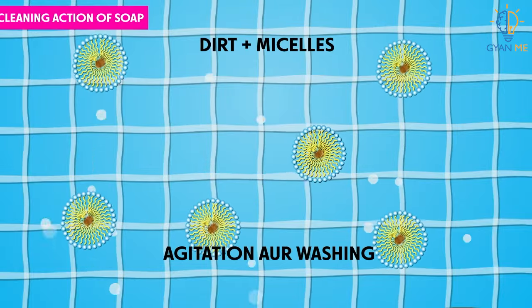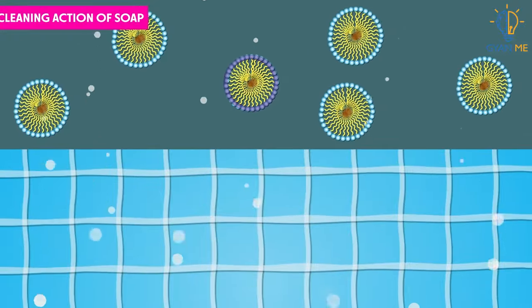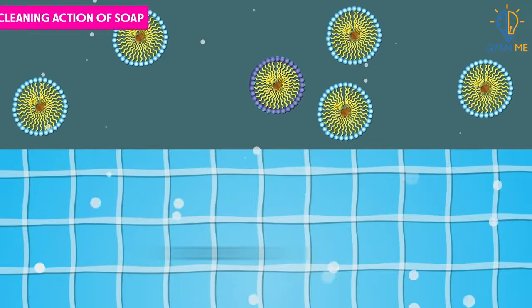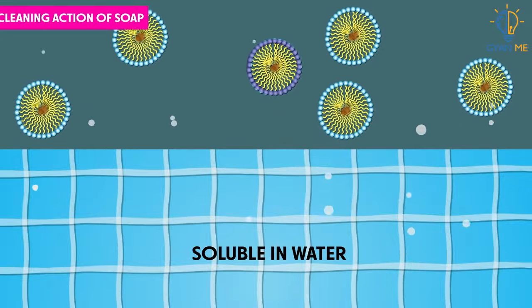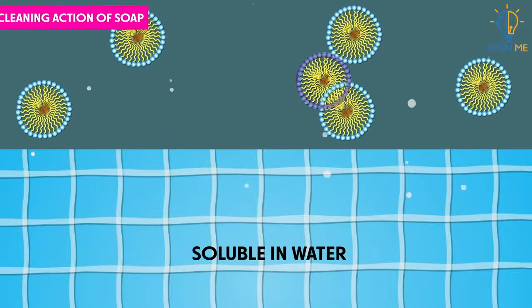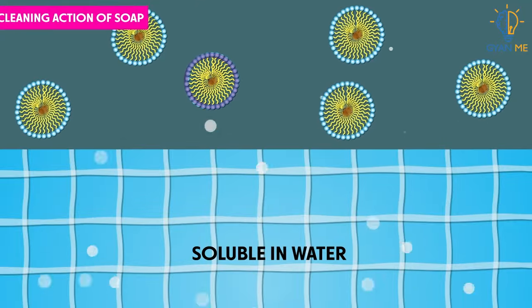This is because the charged polar end of soap molecules makes the micelles along with the dirt soluble in water. Thus, the dirt or stain is washed away with the soap or detergent. This is how soap or detergent works.